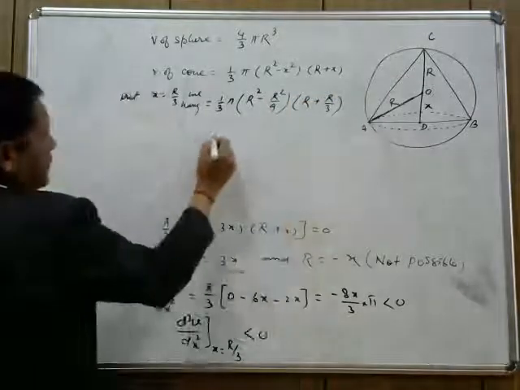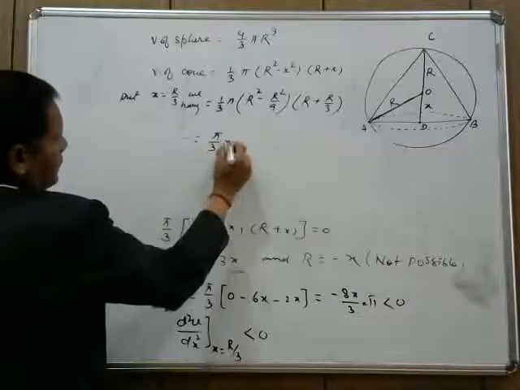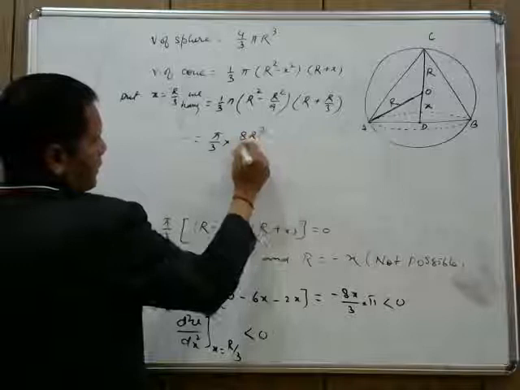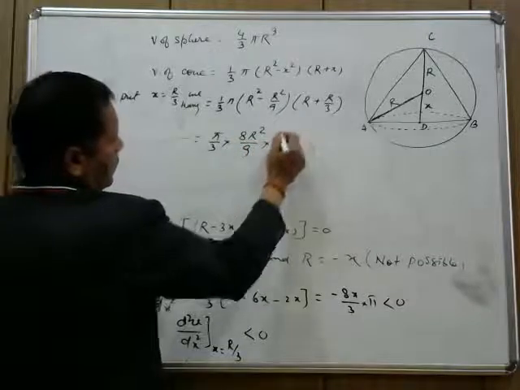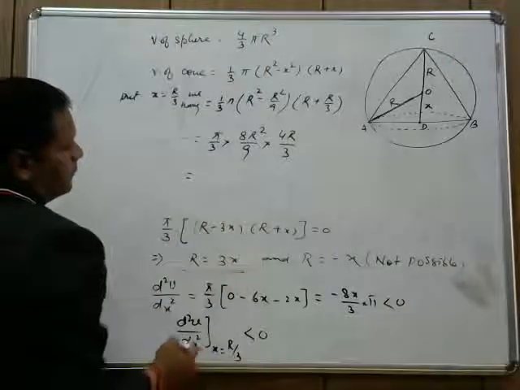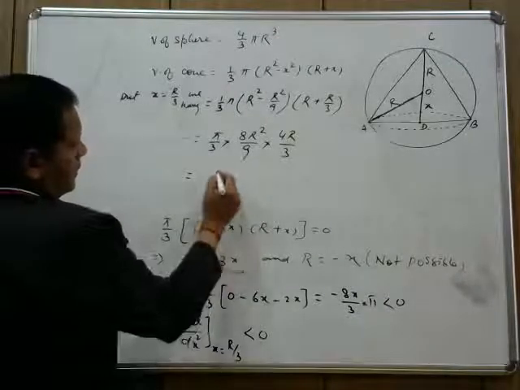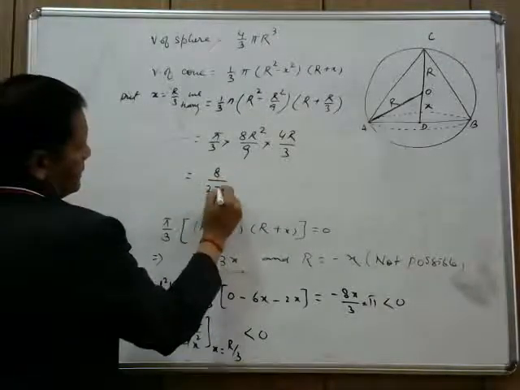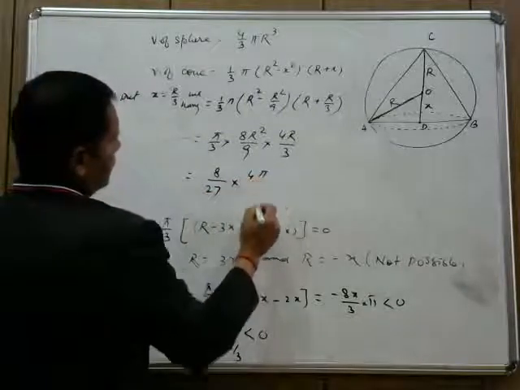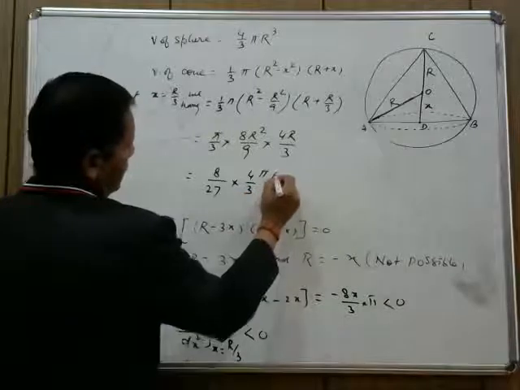Now this is pi by 3 into 9 r square minus r square, 8 r square by 9 into 4 r upon 3. This can I write 8 by 27 into 4 pi r cube. Can I write?